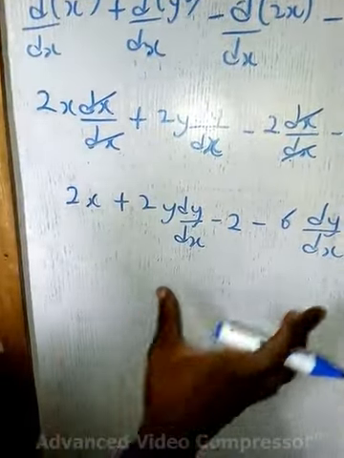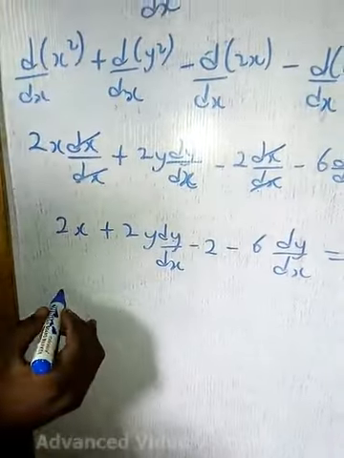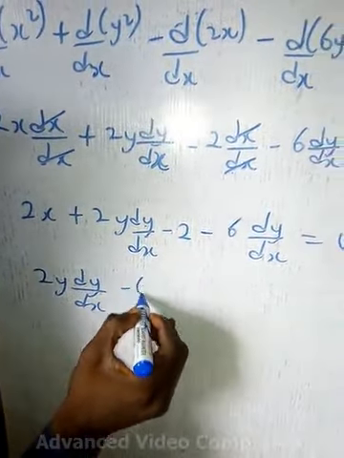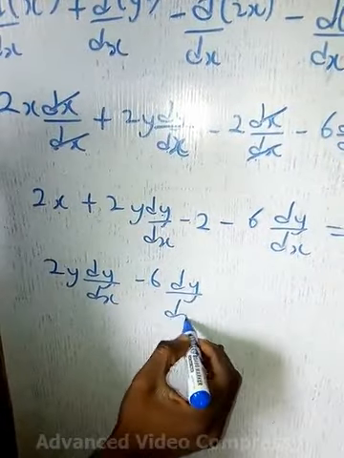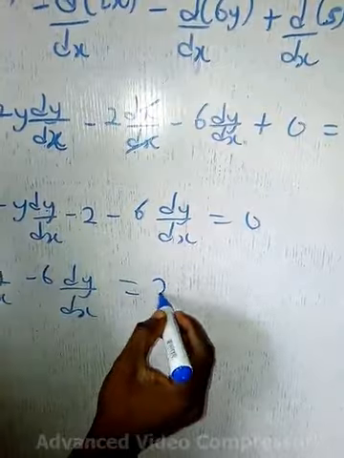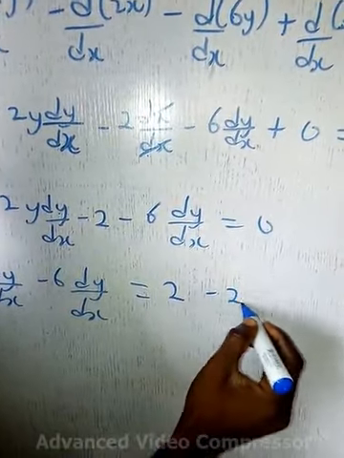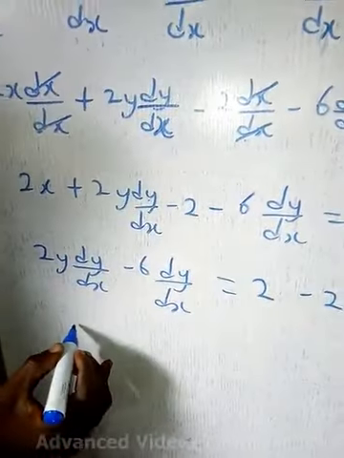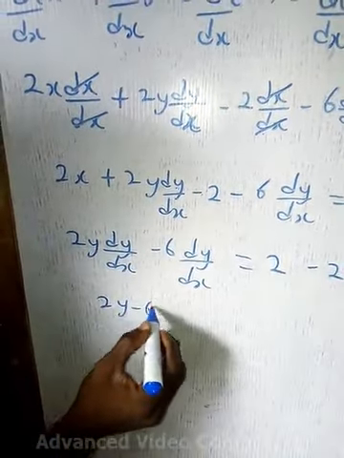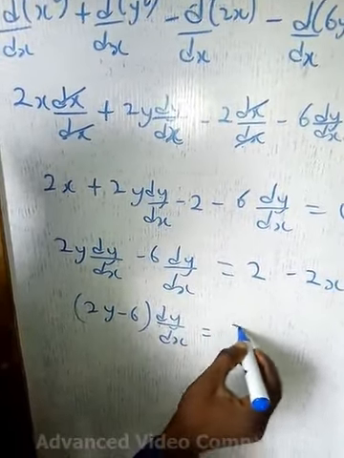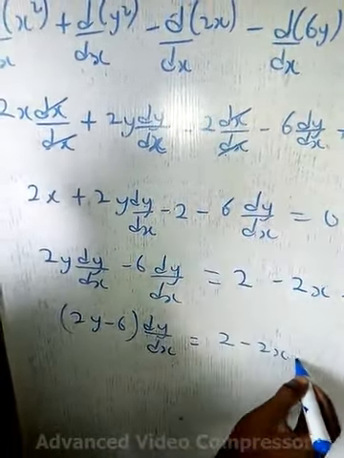We are expected to make dy dx the subject, so collect like terms now: 2y dy dx minus 6 dy dx. The constant or any other thing should be taken to the other side, this is 2 minus 2x. Dy dx can be factorized out, so we have 2y minus 6 times dy dx is now equal to 2 minus 2x.